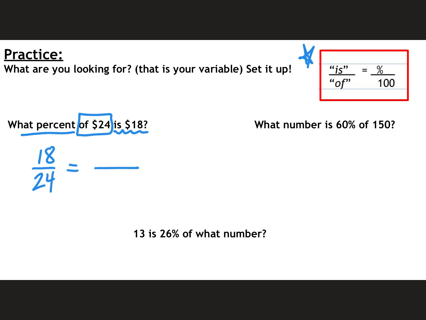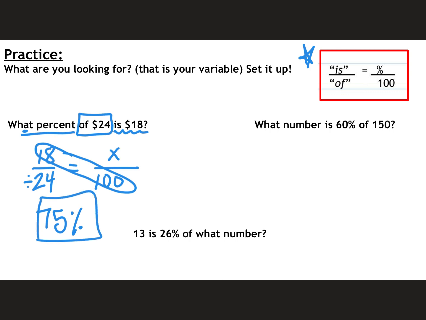What percent, the what here tells me that's what we're trying to find, over 100. The percent is always over 100. Then to solve this, we use our cross products and we do 18 times 100. And whatever we get from that, we divide by our third number, the 24. So when I did that, I ended up with an answer of 75. And because it's asking for a percent, we better have a percent sign on our answer.